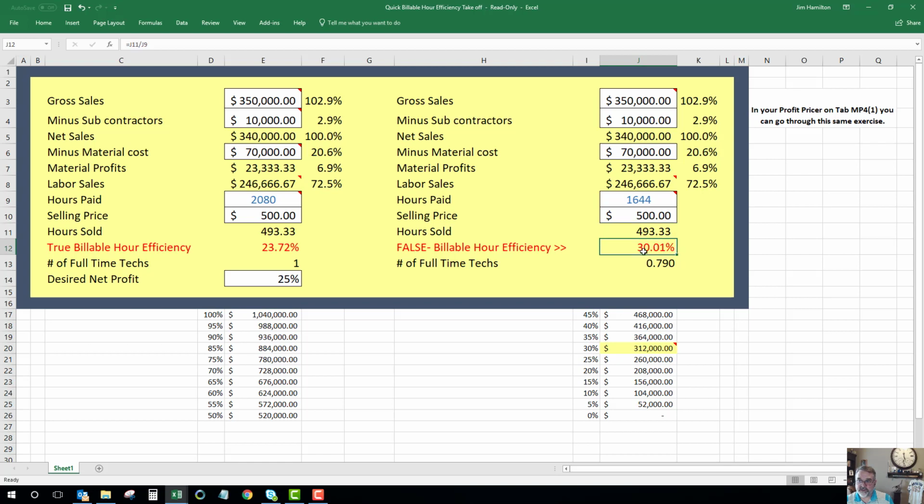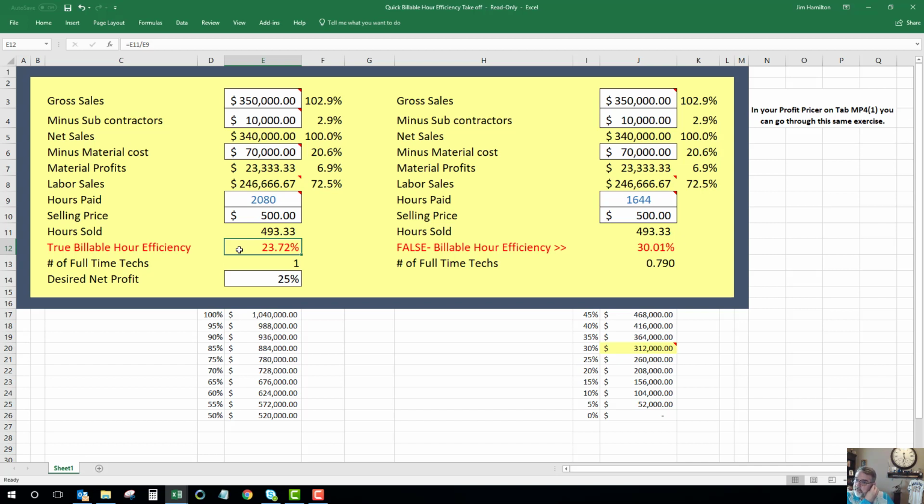The difference here is the efficiency number. This one's stating a false efficiency of 30%. This is stating a true efficiency of 23.72%. So I want to make sure that you're weighting 2,080 hours a year per your technicians to find out what your true billable hour efficiency is.